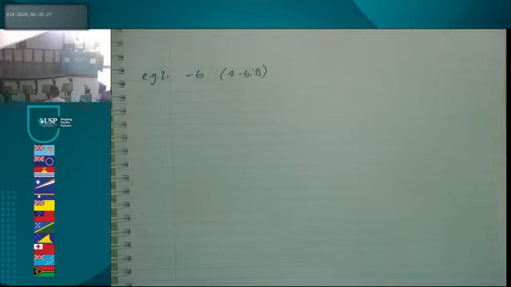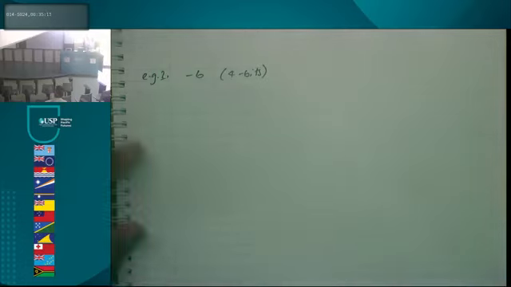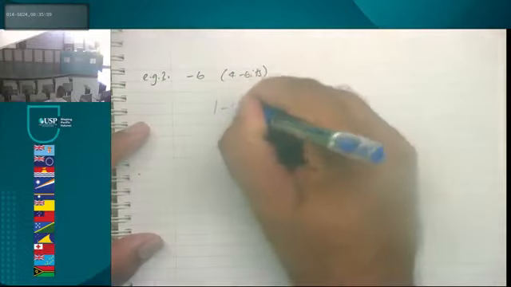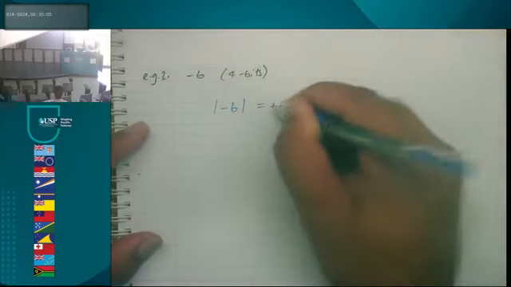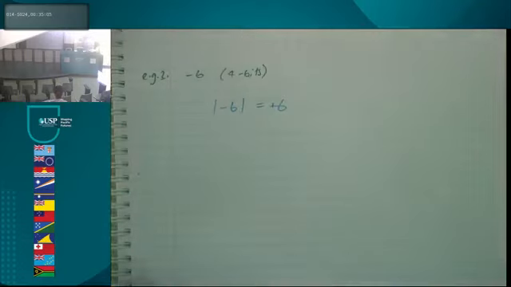All right, now let's have a look at this particular example. Let's have a look at this number, negative 6. Let's follow the steps. The absolute value of negative 6 is equal to positive 6, right? That's quite straightforward. You can even skip that step.